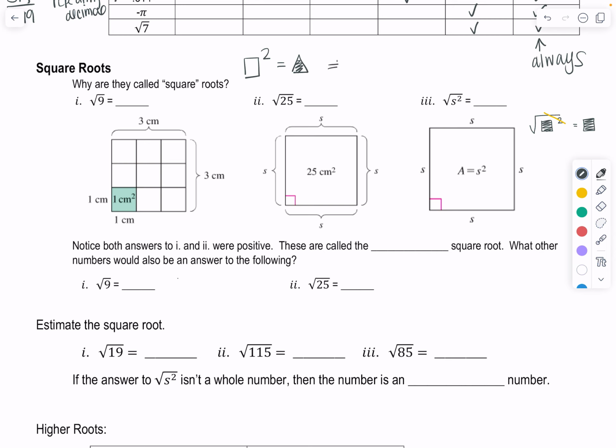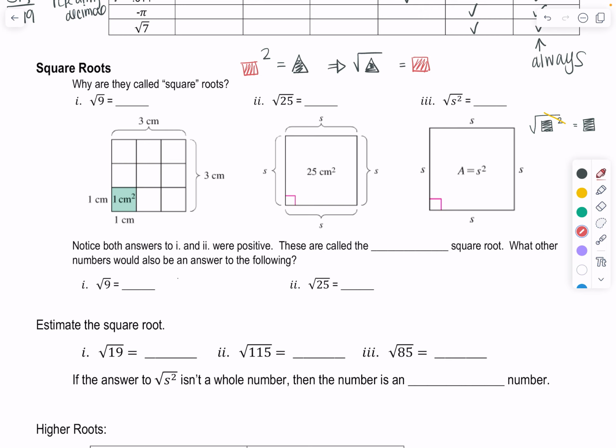So the square root of that number, triangle, would equal the number. And let's change these colors out so it makes it a little bit less confusing. So if you take a number and you square it, and then square root that number squared, it is the number. I know that that's a lot, but let's look at it with actual numbers.